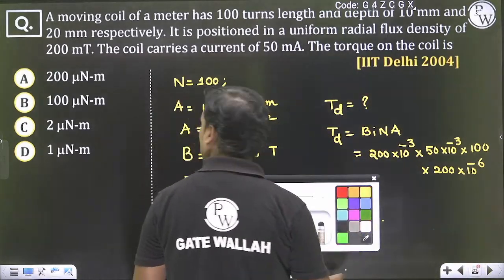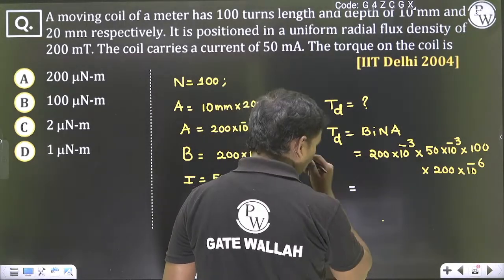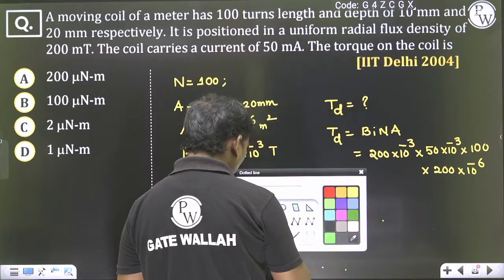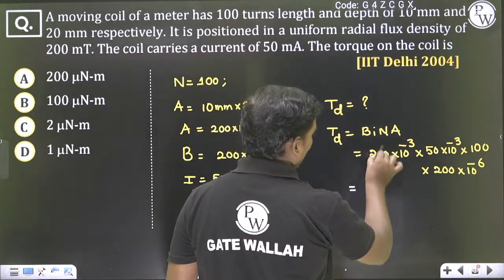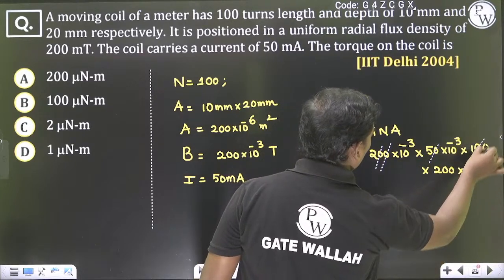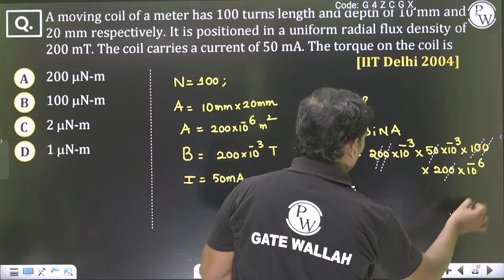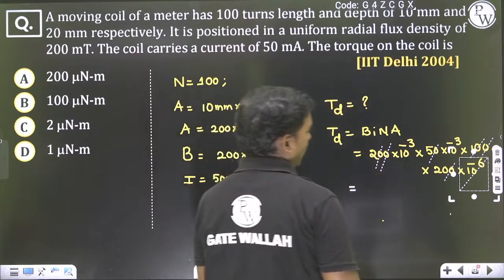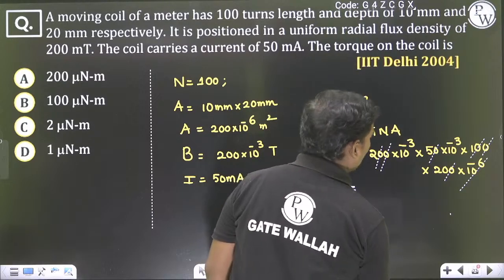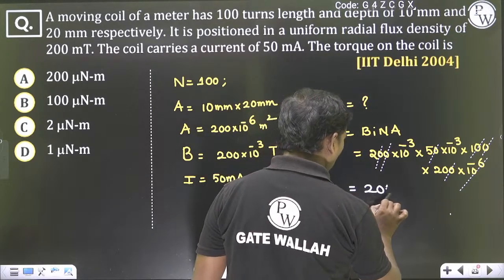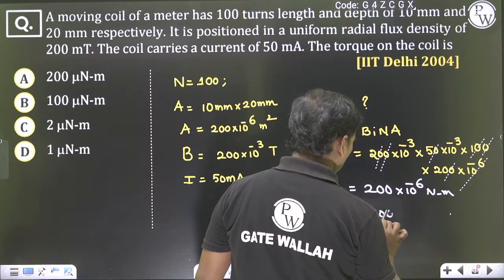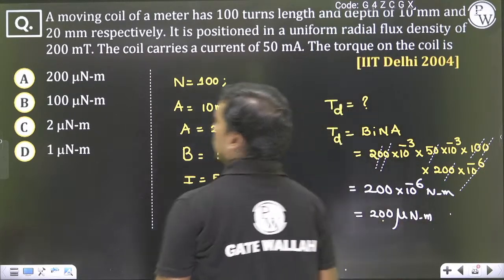So the answer will be 200 into 10 power minus 6 Newton meter. So 200 micro Newton meter is the answer. Option A is the right one.